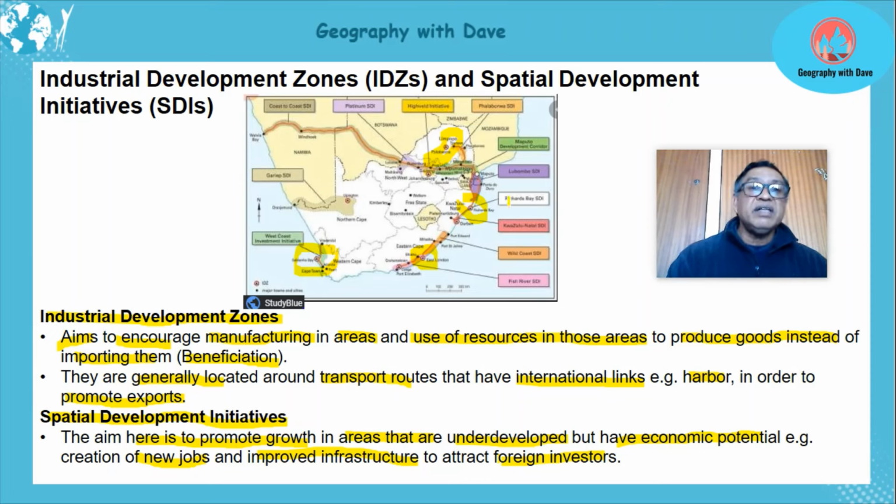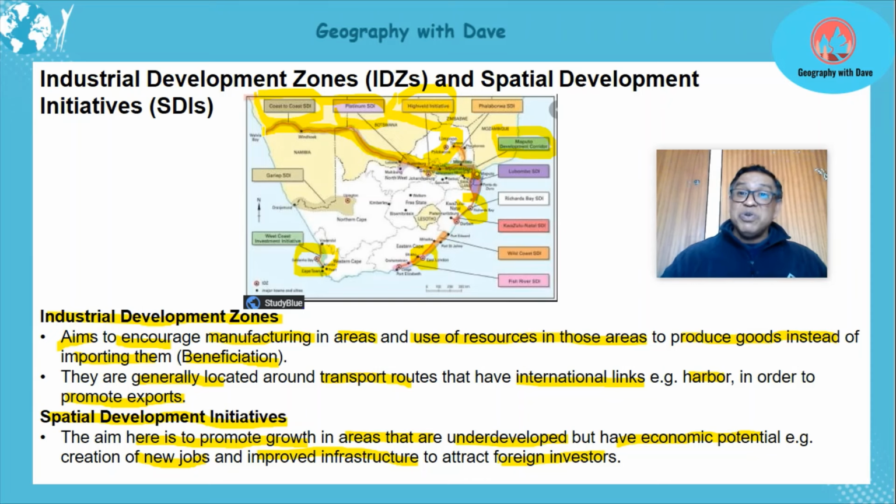And you see here, they are all around also: the Platinum SDI, the Highveld Initiative, the Maputo corridor. They're also known as corridors because they are found on a long strip along which development occurs. Road networks are improved. It's so clear to see on the coast to coast, you can see the transport network moving along from one side to the other.